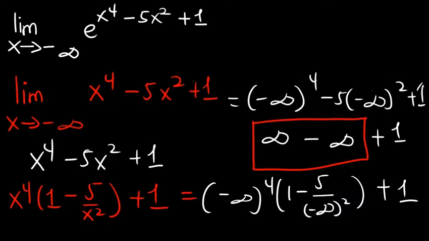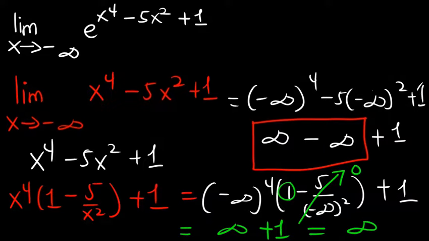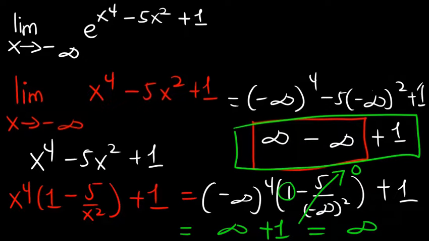From here, you see that this value here will be equal to 0, and then raising minus infinity to the power 4 will give us positive infinity. You multiply it by this one, which will still give us infinity, plus the 1. So at the end, our answer will be infinity, and this is much more specific than what we had earlier on. So the limit of the exponent will be equal to infinity.